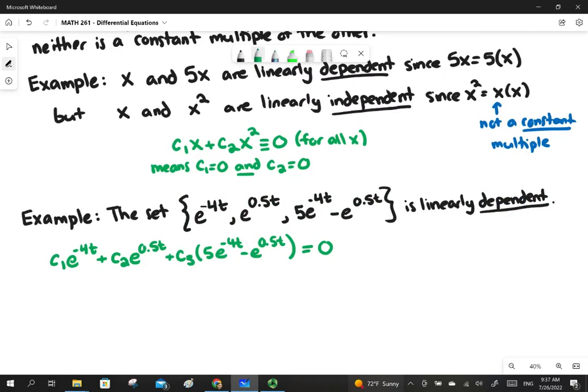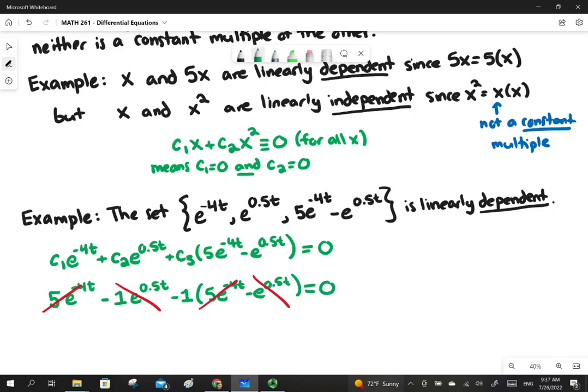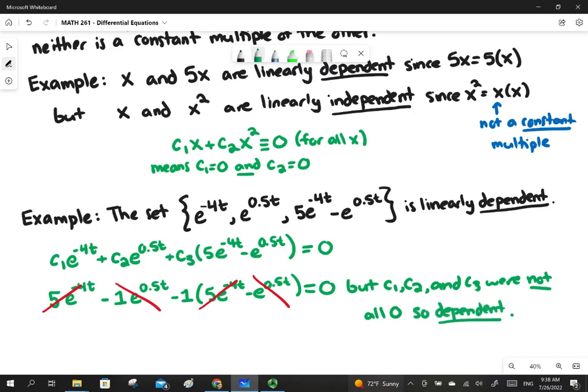We already sort of saw how to do it. So if we take 5 e to the negative 4t minus 1 e to the 0.5t, then that's exactly our third function. So if we just do minus 1 times our third function, then everything's going to cancel out and we get 0, but we did it without having to have c1, c2, and c3 all be 0. So that shows that it's linearly dependent.